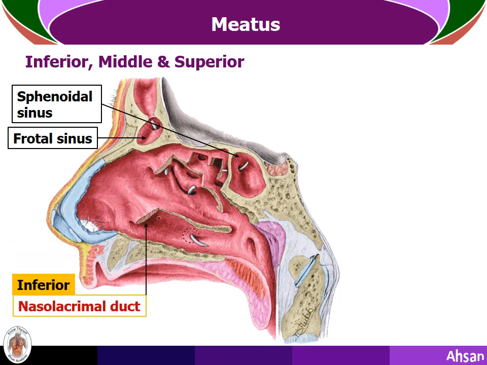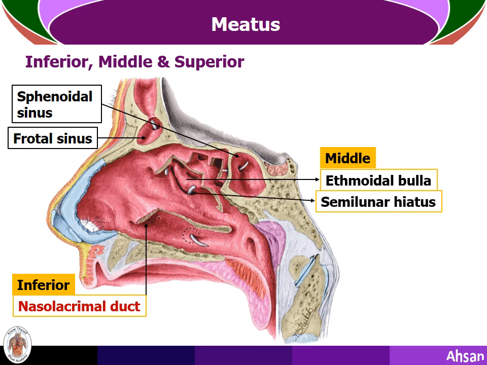The inferior meatus accepts the nasolacrimal duct, which opens into its anterior part. In the middle meatus, you can see at the middle there is an elevation known as the ethmoidal bulla, and under that a semicircular deep area. This is known as the semilunar hiatus.